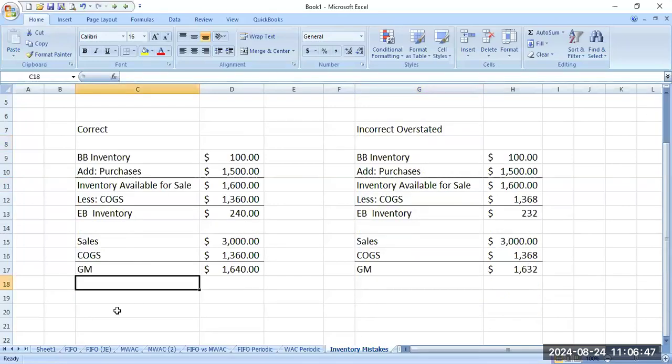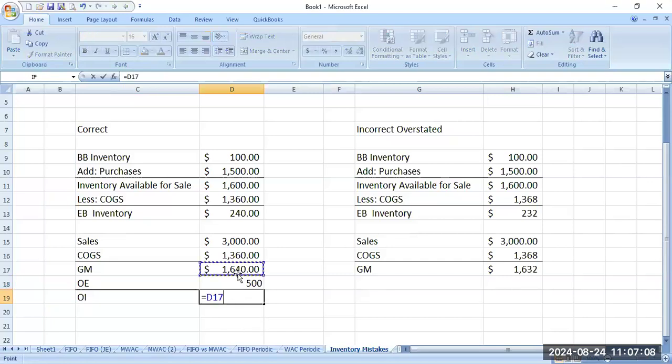After gross margin, let's put operating expenses, and then we're going to calculate operating income in both places. Let's put operating expenses to be $500. So our operating income will be this one minus 500, or $1,400.